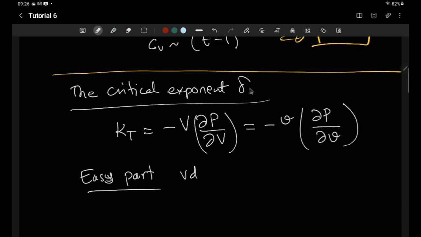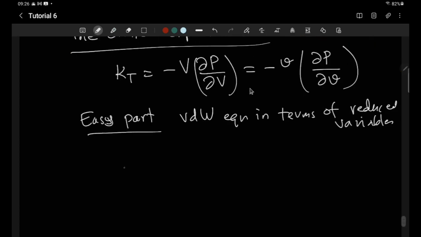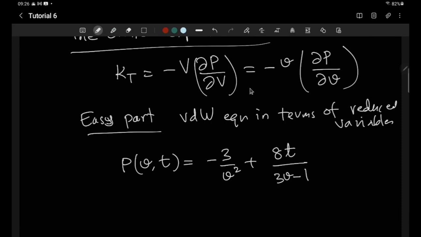writing the VDW equation in terms of reduced variables. Basically, the a and b will disappear, and you will get little p of v and t equal to this.